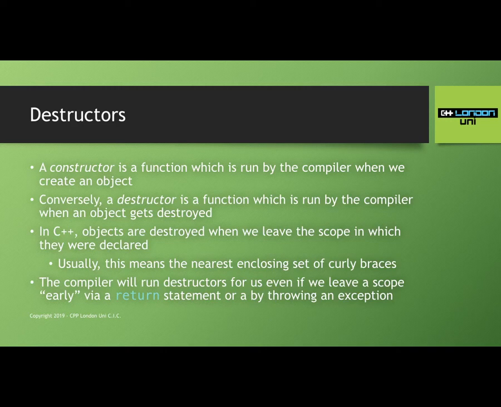The compiler will automatically ensure that any live objects are destroyed no matter how we leave the scope. I've already mentioned, even when throwing exceptions, destructors are run automatically. In fact, there is no way to stop it, even if you wanted to. It's going to happen. So, better make use of it.